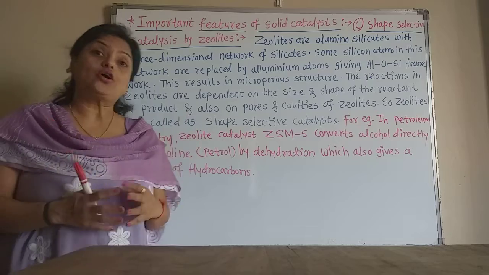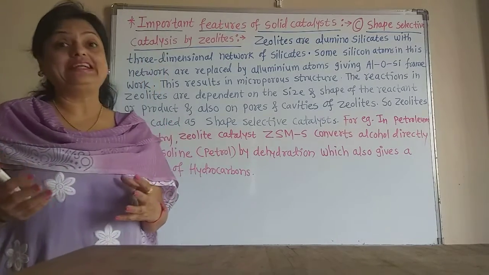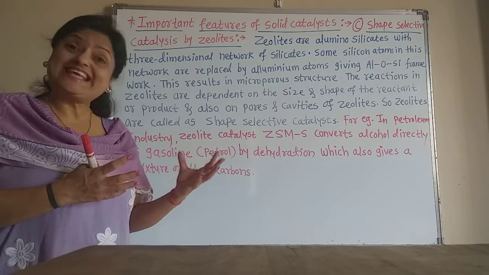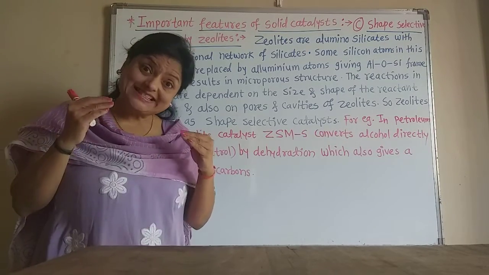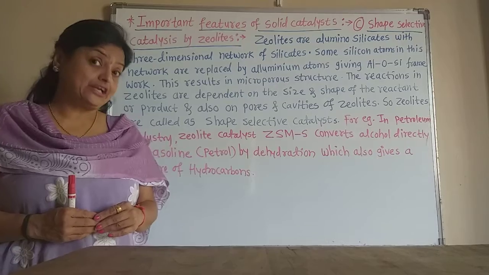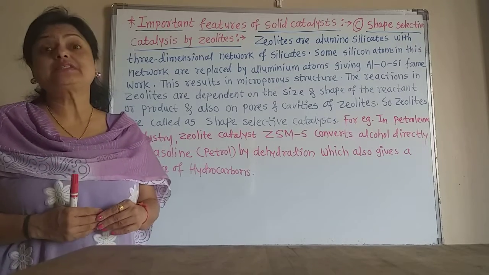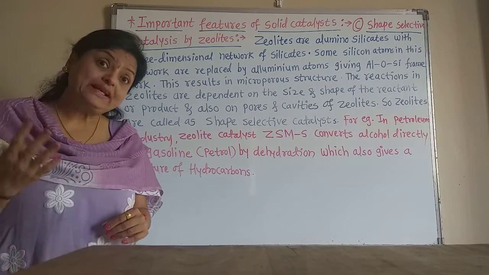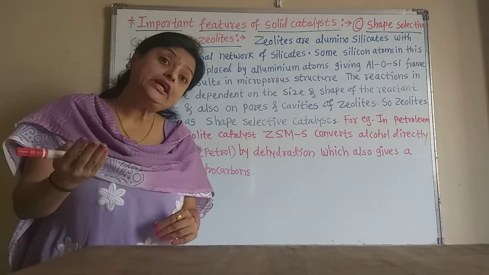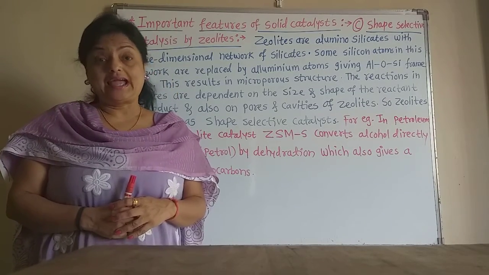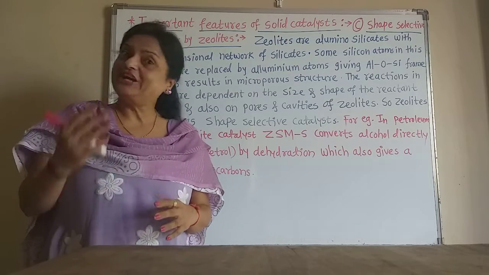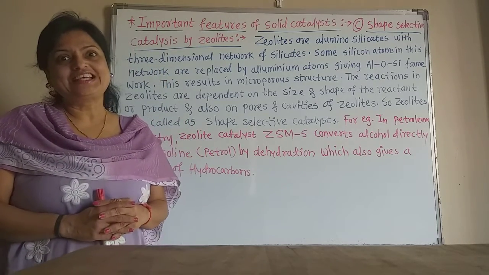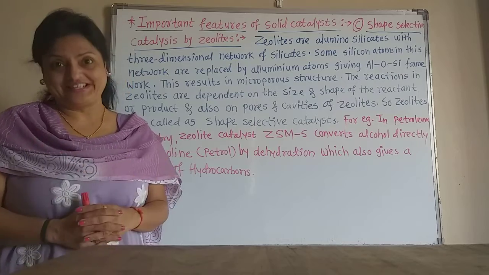That is the rocky material, that is the sandy material. But the silicon atoms sometimes get replaced by the aluminum atoms, and such type of silica with aluminum atoms is called the zeolites.